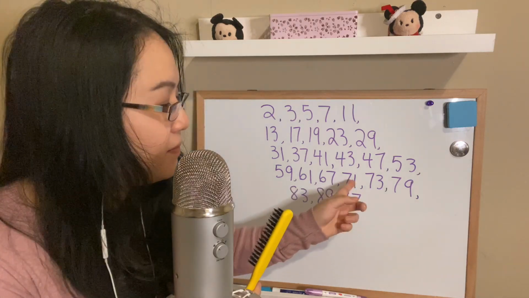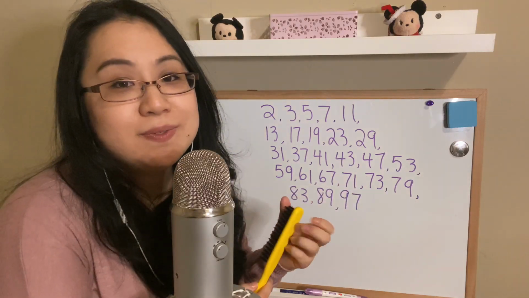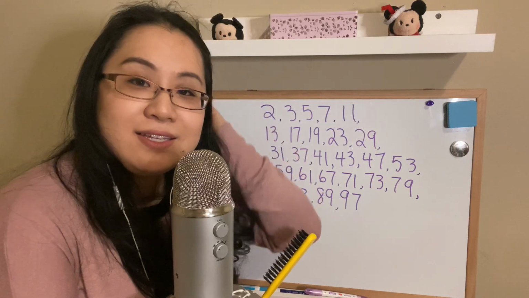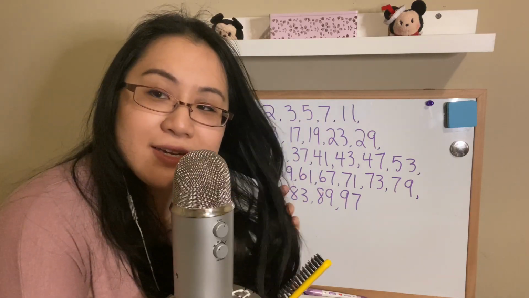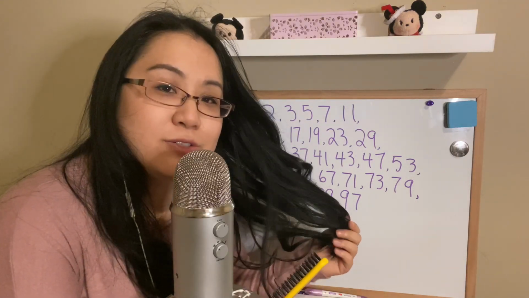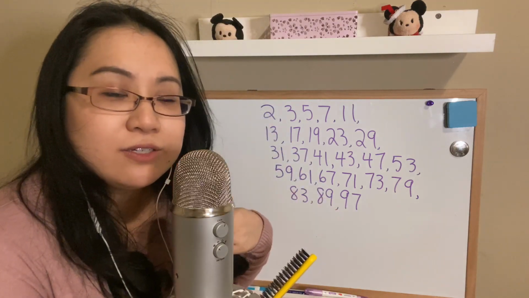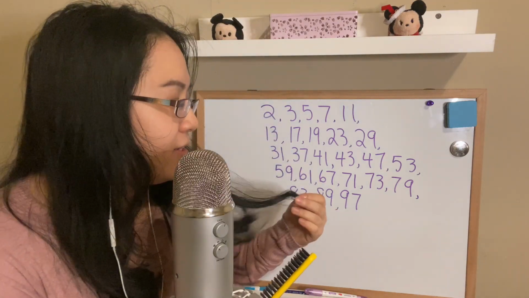71 is prime. 72 is 8 times 9, so 2 cubed times 3 squared.